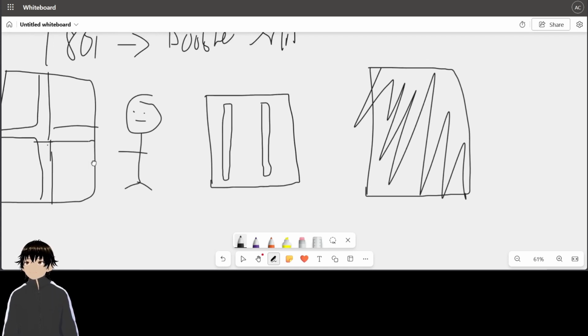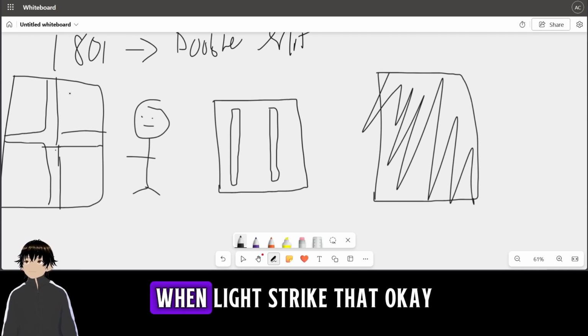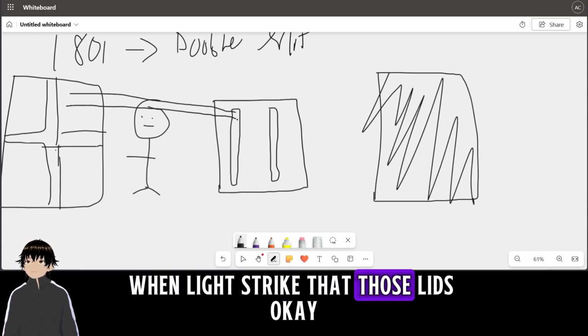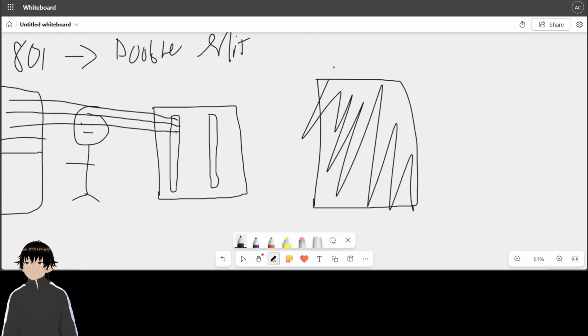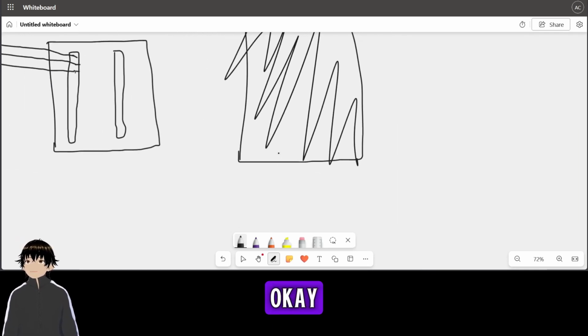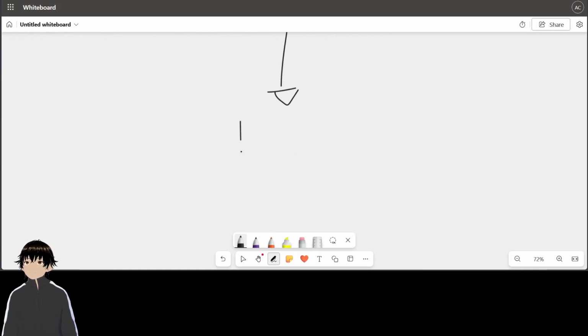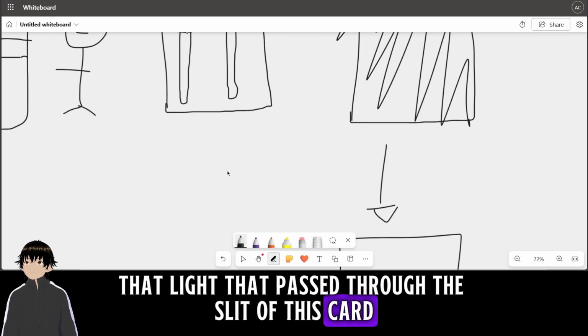What happened was, when light struck those slits, the interesting part was on this black surface, the light that passed through the slit of this card.